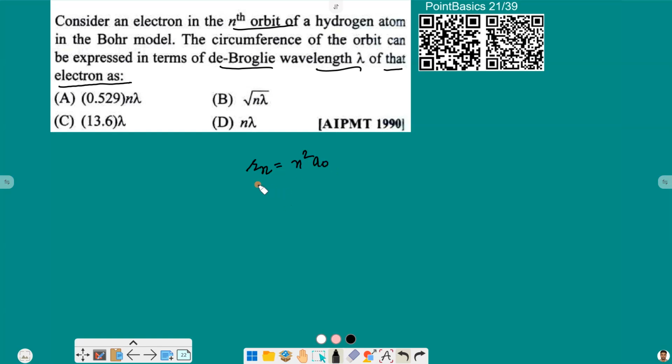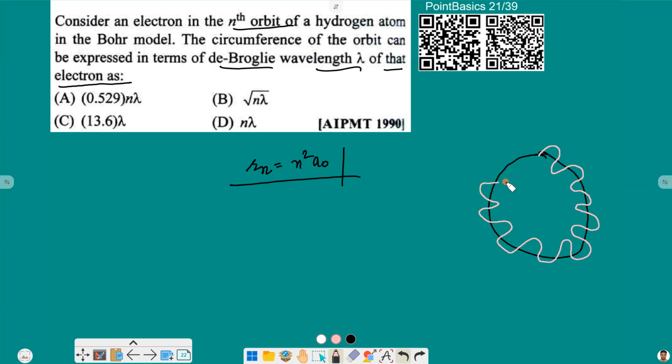Now, this is the basic relation from the Bohr's principle. Now, it is mentioned that we have a de Broglie wavelength here. So, suppose this is the orbit. This is our orbit of the electron. Now, if electron has to exist as a wave, so what it has to do? It has to move like this.